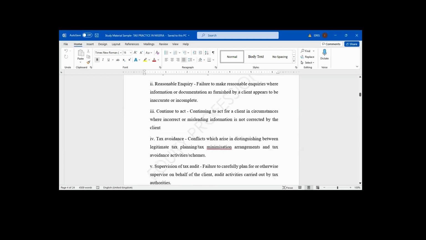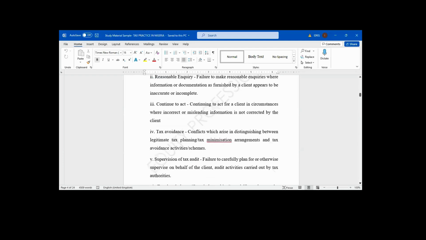Another ethical issue that may affect your tax work is when you advise your client to engage in tax evasion. You are the one advising and helping your client to carry it out. Tax evasion is illegal, it is criminal, it is against the law.